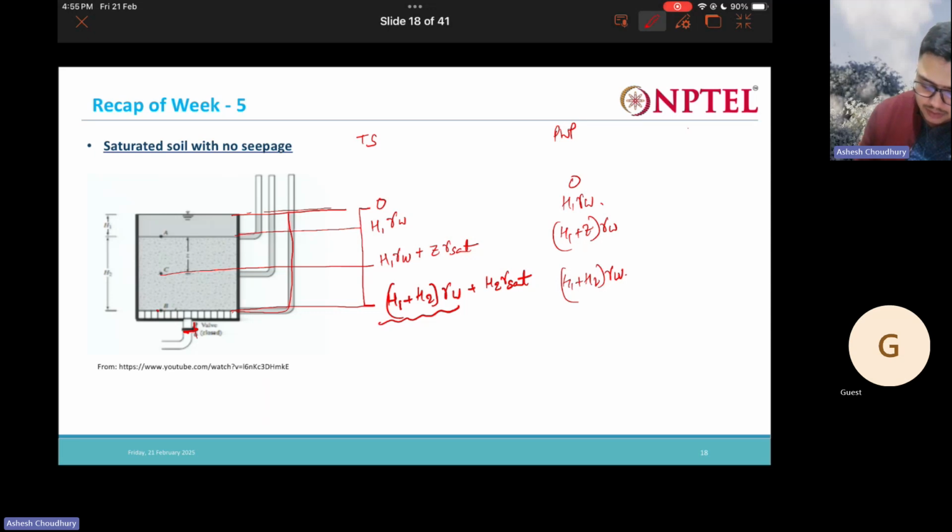So finally the effective stress 0, 0. Then h2 minus z, sorry. We have z times the submerged unit weight, and at the end we have h2 times submerged. Okay, so that is when there is no seepage.